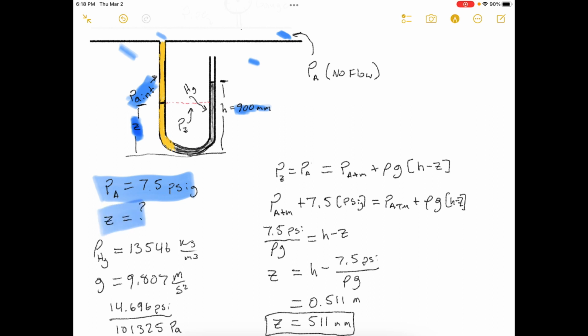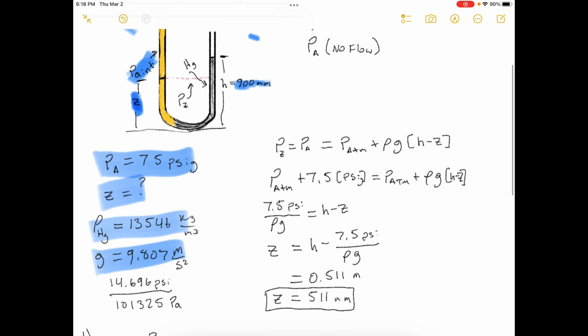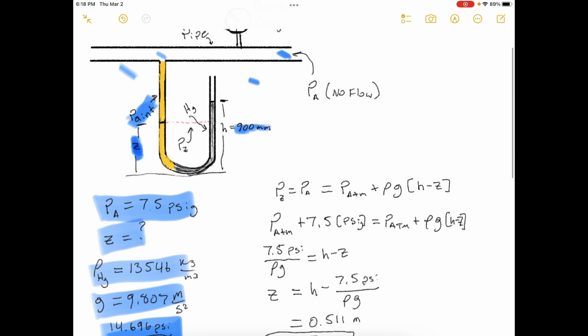What is Z? Well, we know the density of mercury and the gravitational constant. I'm using this ratio right here in order to convert between pounds per square inch and pascals. So let's calculate what the pressure is at Z, PZ, right here at this level.